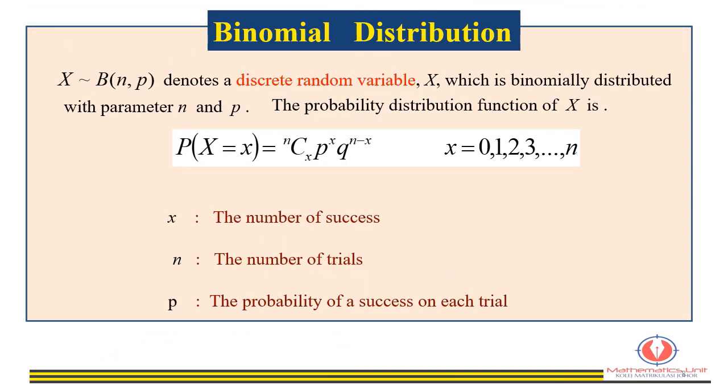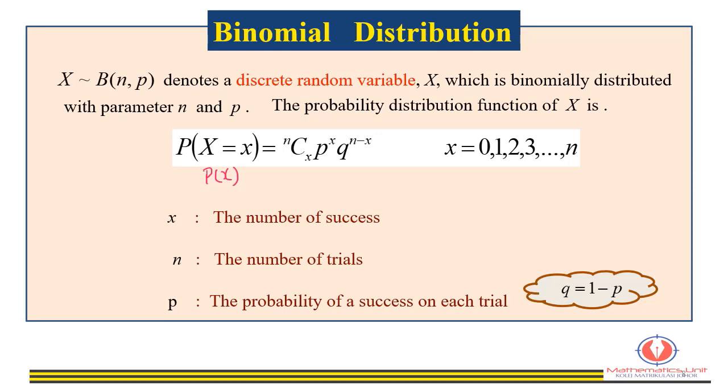Let's say X denotes the number of successes in n trials. The probability of success of any trial is P and the probability of failure, Q, is the complement of success. X has a binomial distribution with this probability distribution function. The probability that the random variable X takes on the value of little x, sometimes we write it as P of little x, is the probability we get little x successes in n trials.